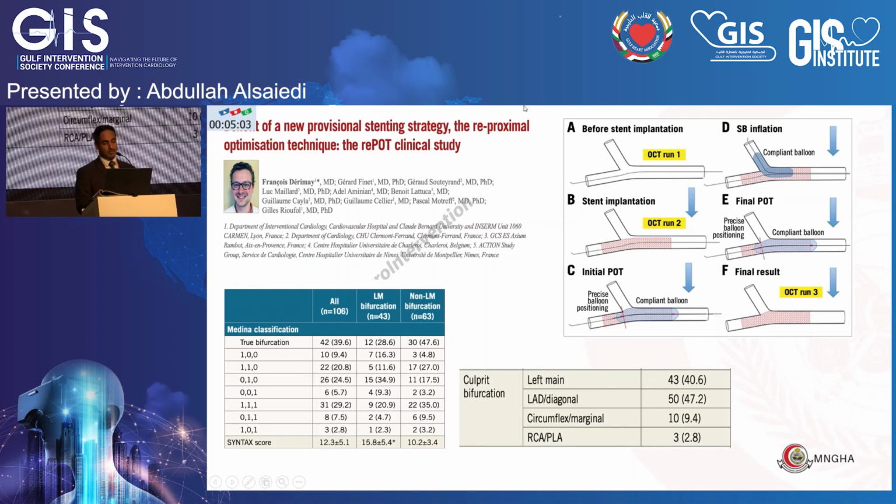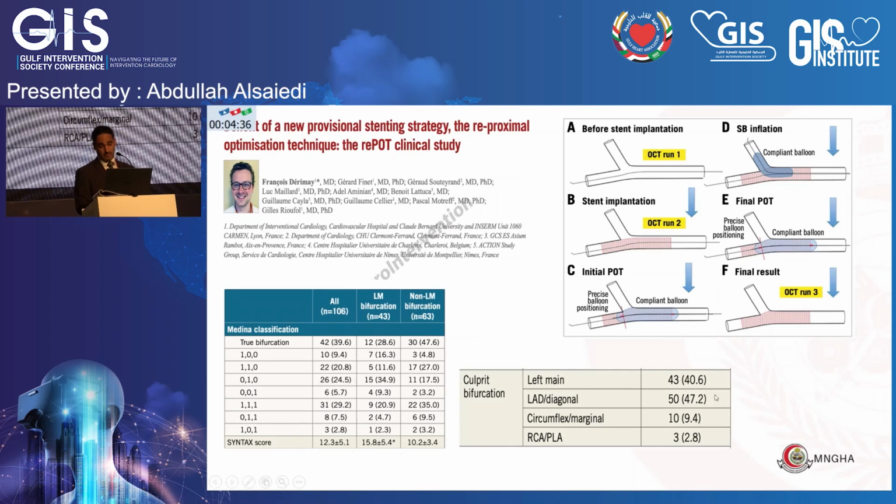It was first published in 2018, with around 106 patients who had bifurcations, and it was an OCT-based study. They did 3 OCT runs: before stent implantation, after stent implantation, then after the technique, doing initial pot followed by side branch inflation, then final pot, and they did the final run of OCT.